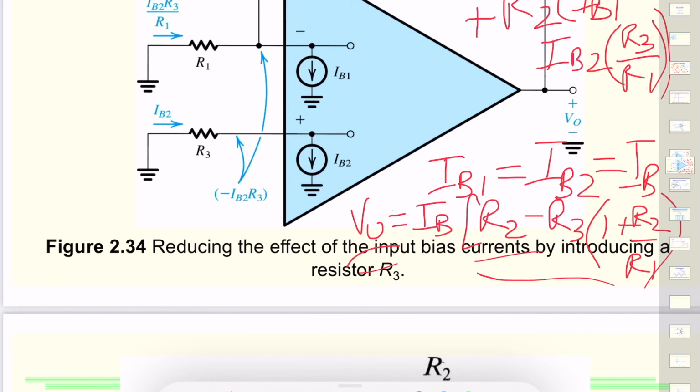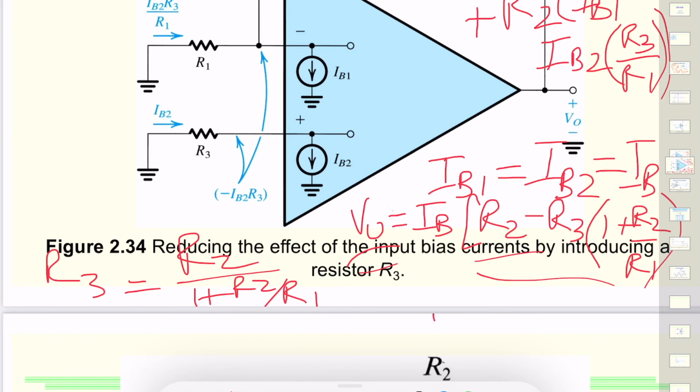So for example, we can take R3 to be equal to R2 over 1 plus R2 over R1, and that can then cancel it out, and we would be left with zero voltage, and that would take care of our signal at the output coming because of the imperfections of the op amp.